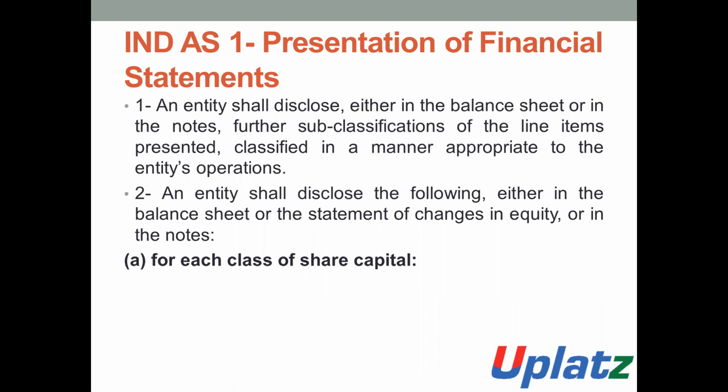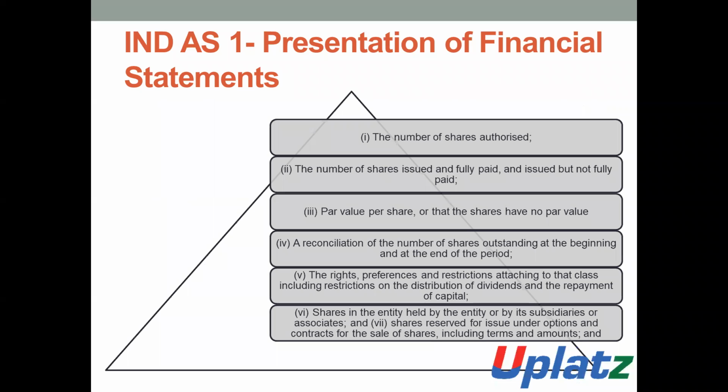The entity shall disclose the following either in the balance sheet, in the statement of changes in equity, or in the notes, in respect of each class of share capital. Number one, the number of shares authorized. Number two, the number of shares issued and fully paid, and issued but not fully paid.